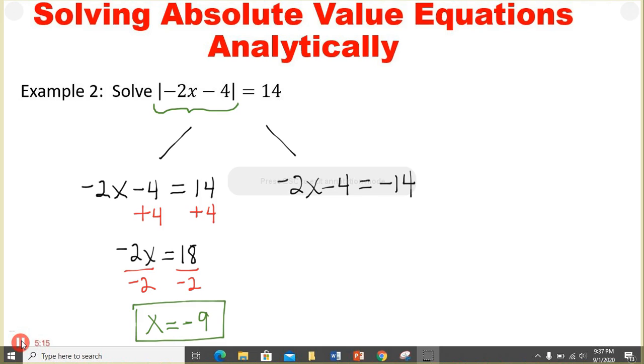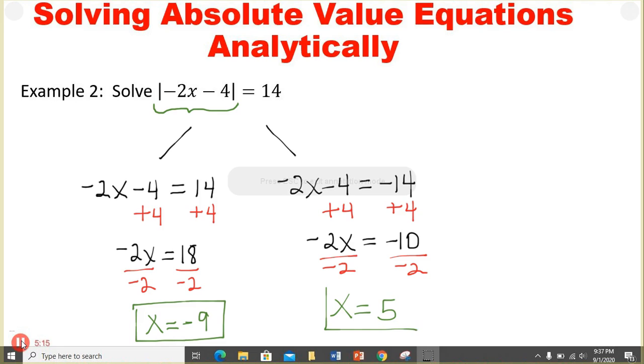First, we're going to add 4. And then we're going to divide it by negative 2. So our second solution is x equals positive 5. So the two solutions to example 2 are negative 9 and positive 5.